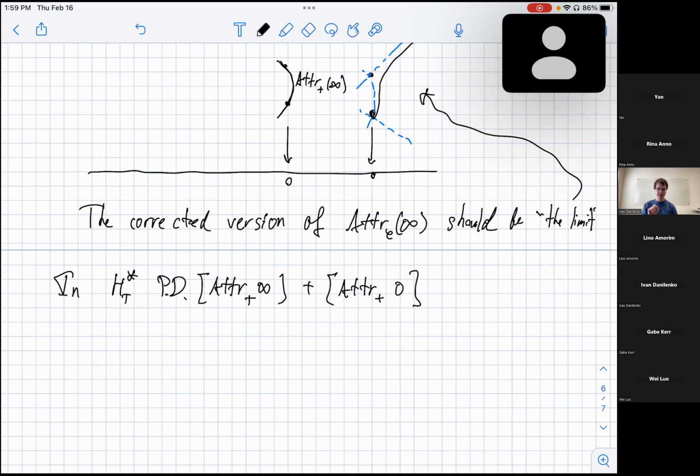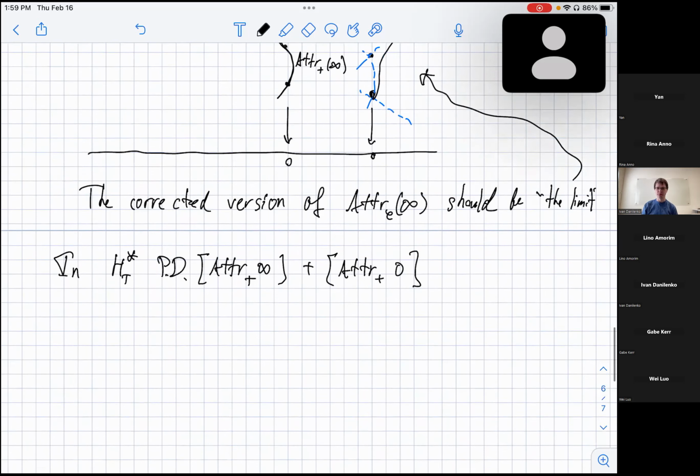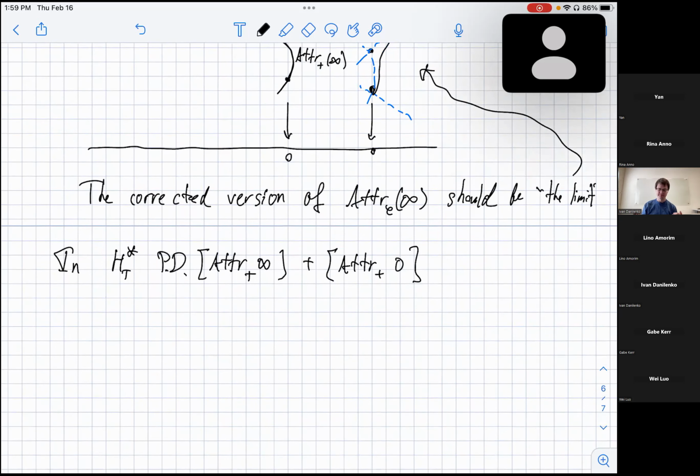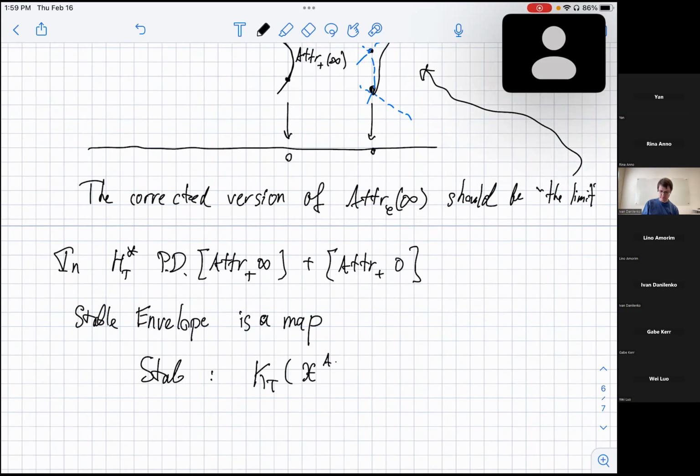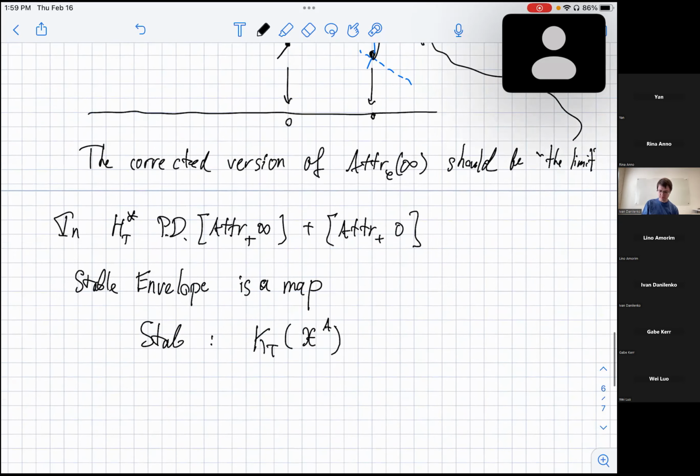Okay, let me try to write how to formalize it. So we say that a stable envelope is a map. I will write it in equivariant K-theory.